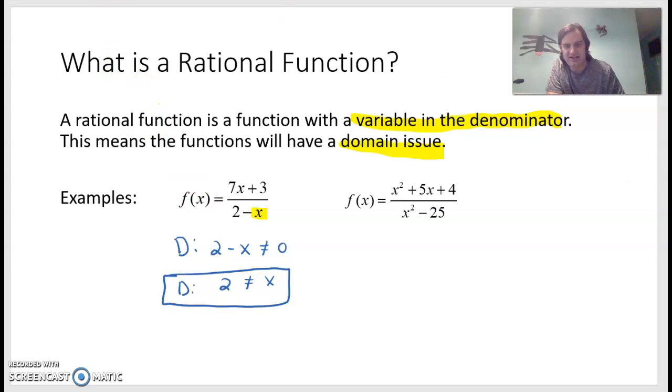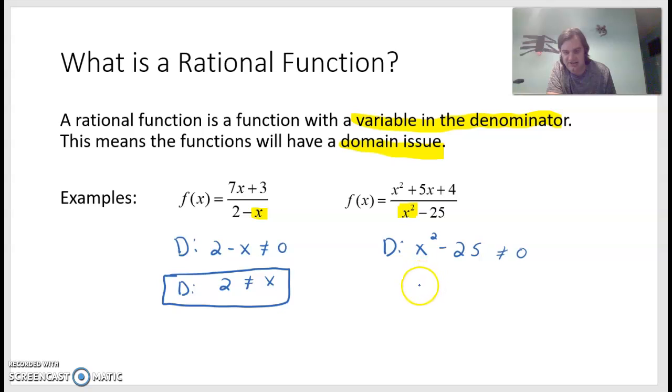The second example here, f of x equals the numerator x squared plus 5x plus 4. The denominator is x squared minus 25, so there's that x in the denominator. So again, I can set that denominator to not be 0.